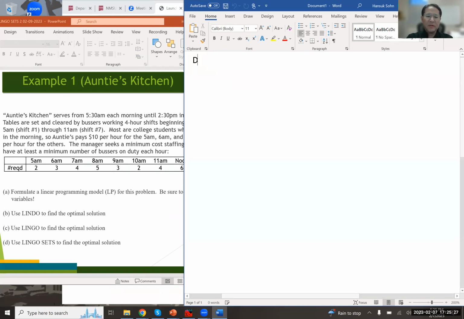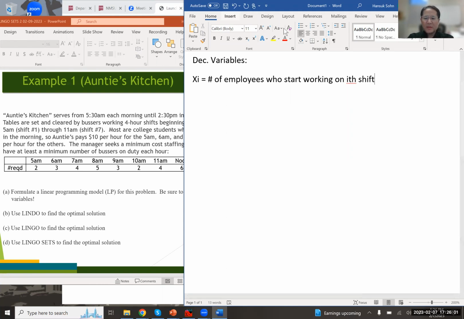So decision variable. So let's define x of i represents the number of student employees who start working on the ith shift. Okay.